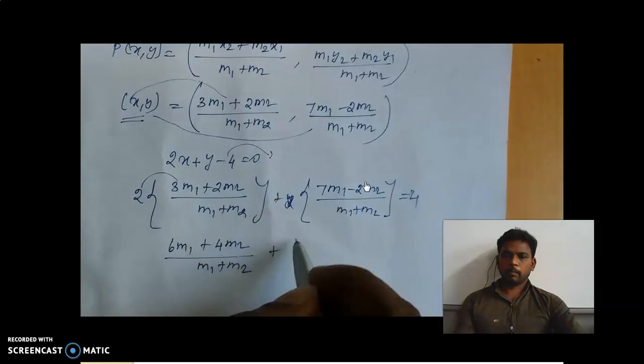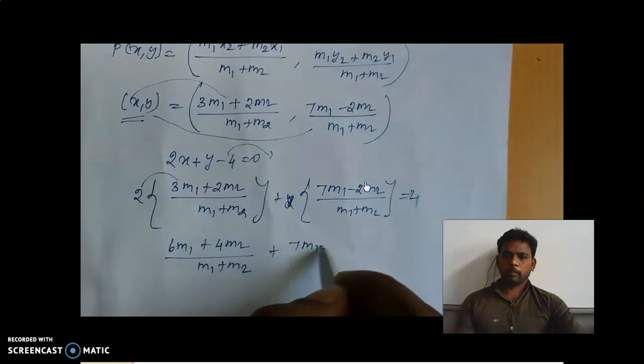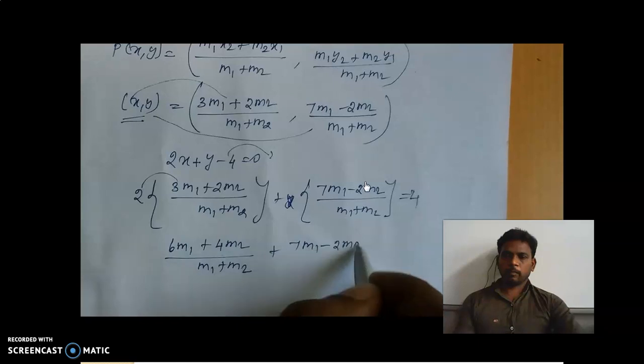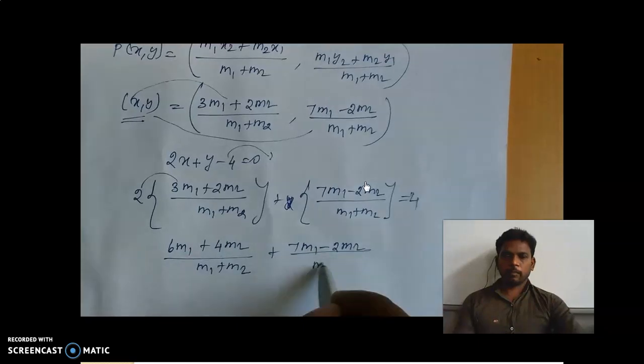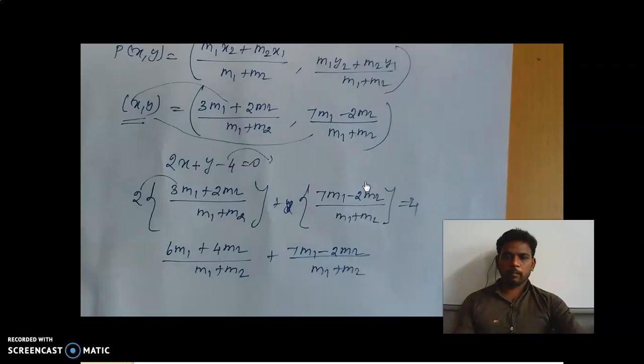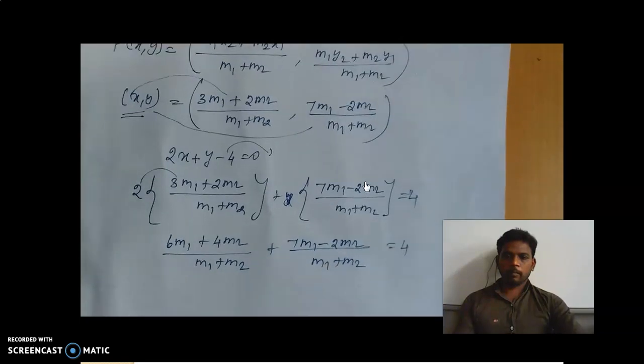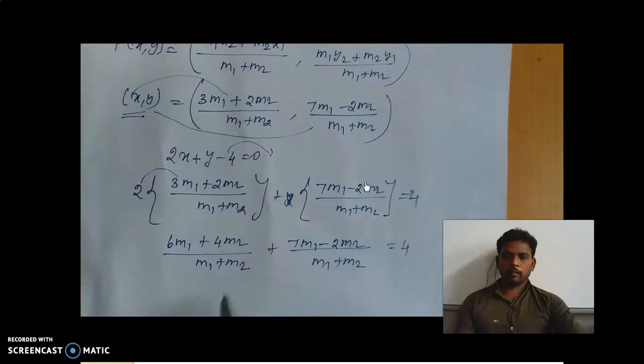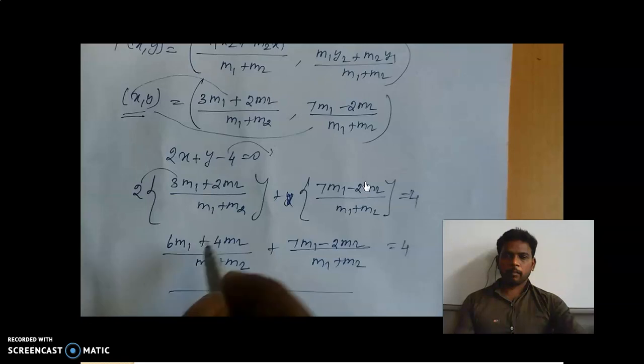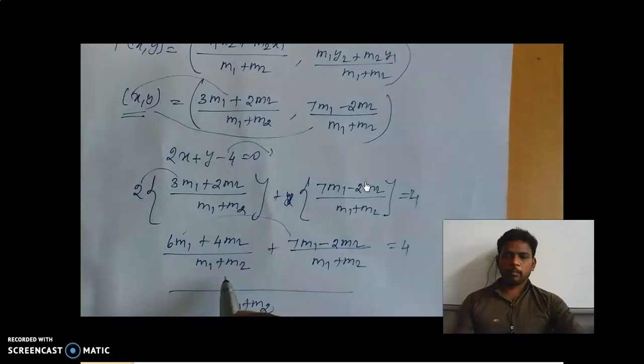So write 7m1 as it is minus 2m2 divided by m1 plus m2 equal to 4. Okay, now here LCM is nothing but m1 plus m2. So take m1 plus m2 as a common denominator. Now add the m1 values, everything here. So 6 plus 7, 13 m1. And if you add these two means plus 2 m2.